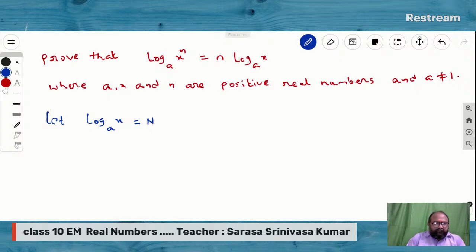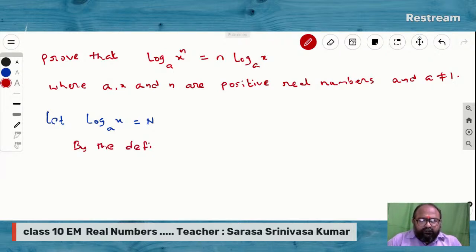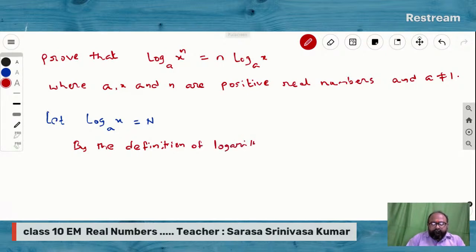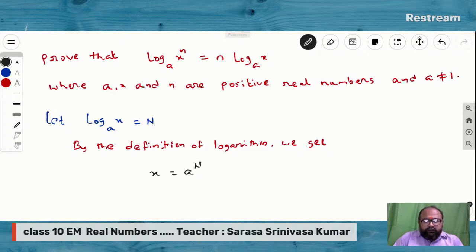Now, by the definition of logarithm, we get x equals a power n.